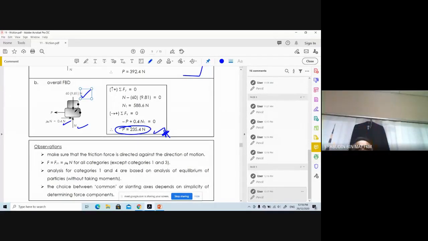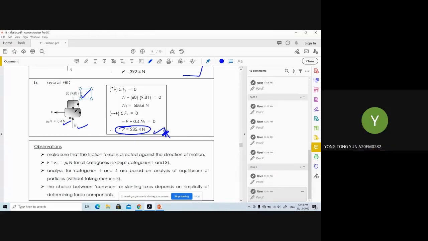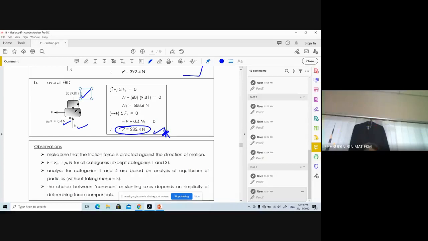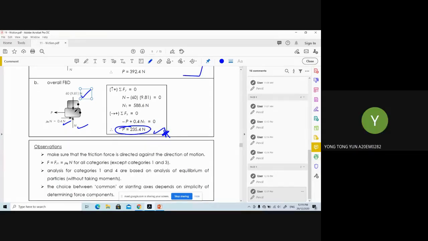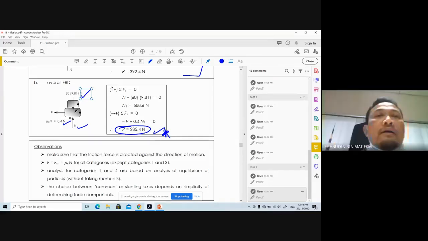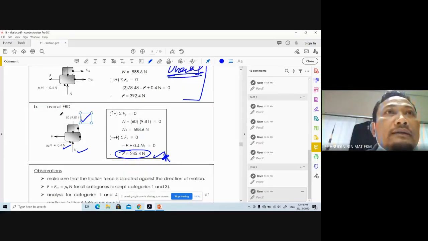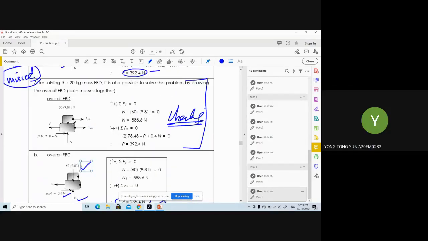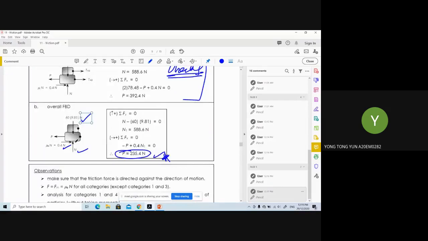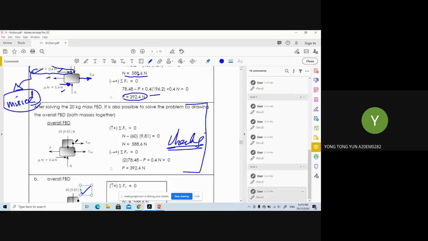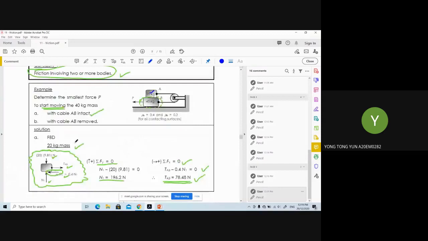I give you a few minutes to look into the third category. Doctor, start moving means the object still hasn't moved yet, still not in motion, still static? Yes, because the question says start moving, so it's not in motion yet.